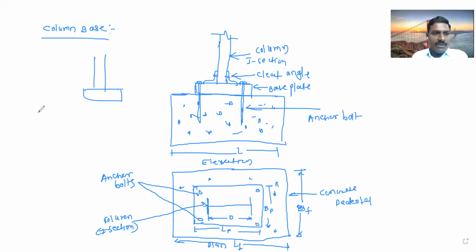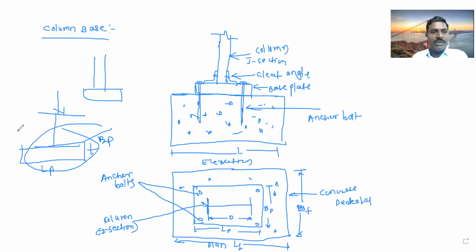If this is the I section, this I section will punch into this plate due to the above load. So how much thickness, how much length of plate and how much width of plate is required, that dimension we have to find out. That is nothing but the design of column base. Are you getting it?